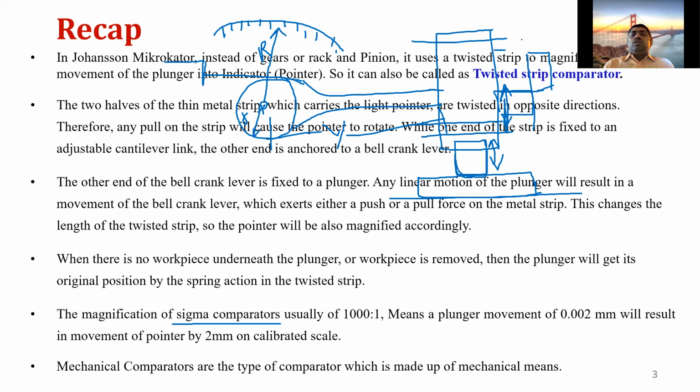So here also we have the x. X is the distance from the center of the cross strip hinge to the point of the knife edge support.